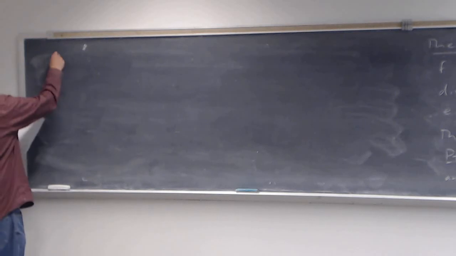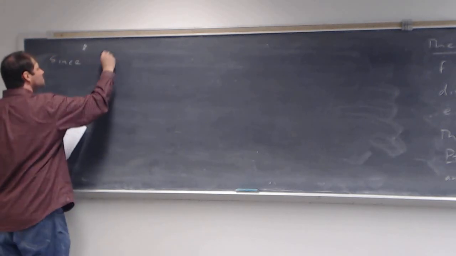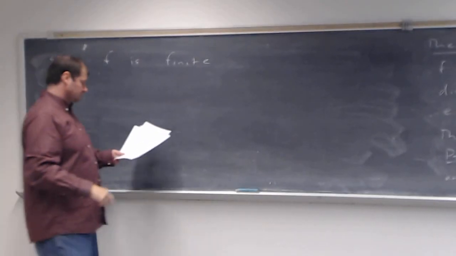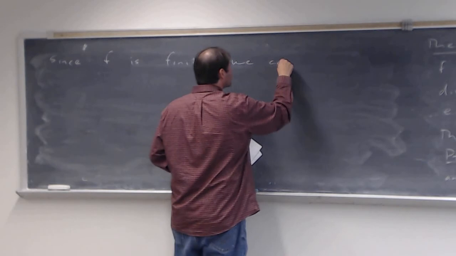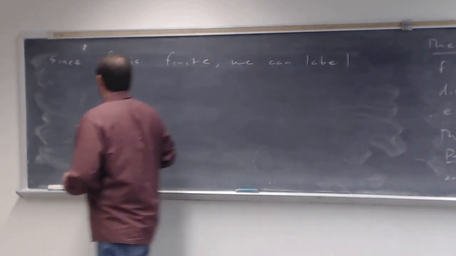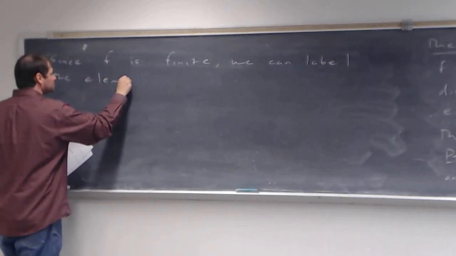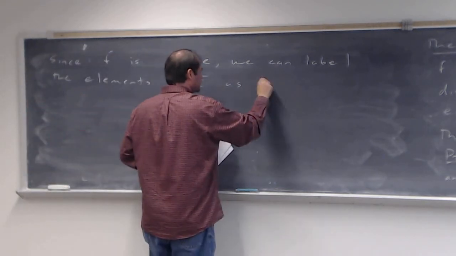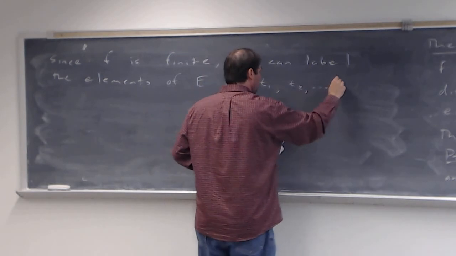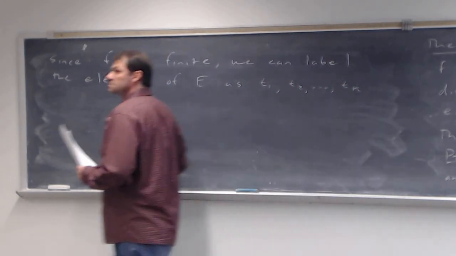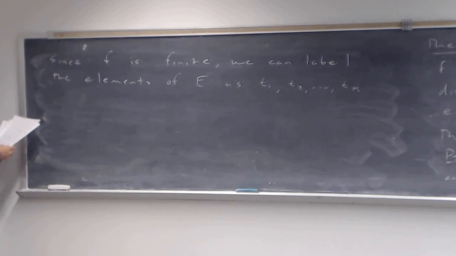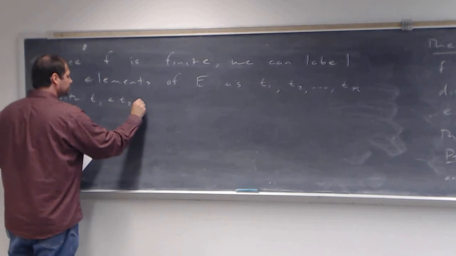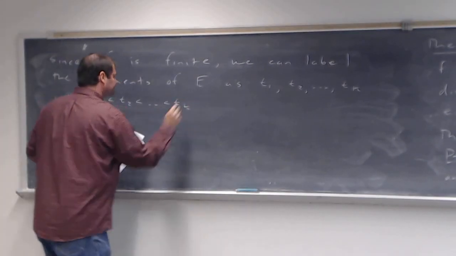Since E is finite, we can label the elements of E as, let's say, t sub 1, t sub 2, all the way up to t sub k. We'll label them in order. t sub 1 is less than t sub 2, is less than, all the way less than t sub k.